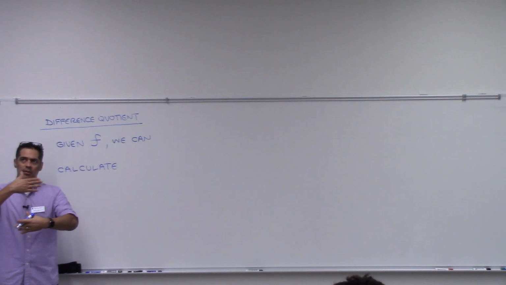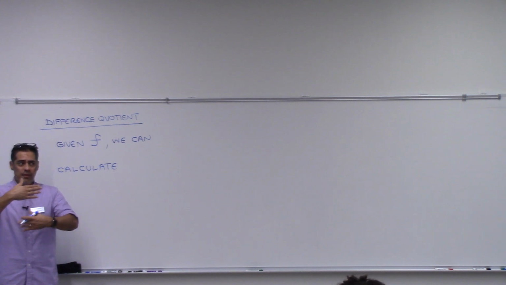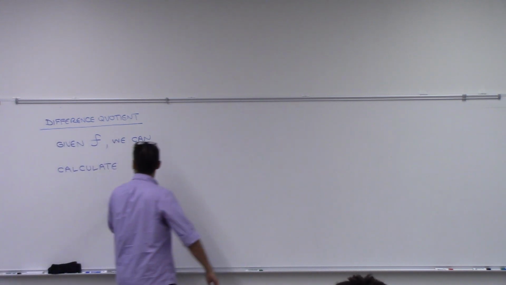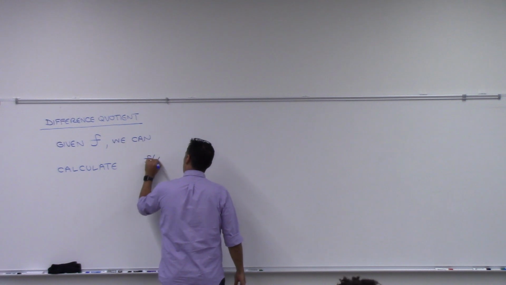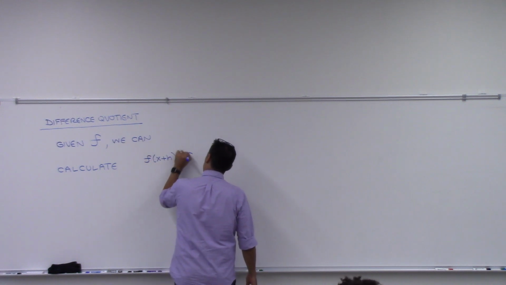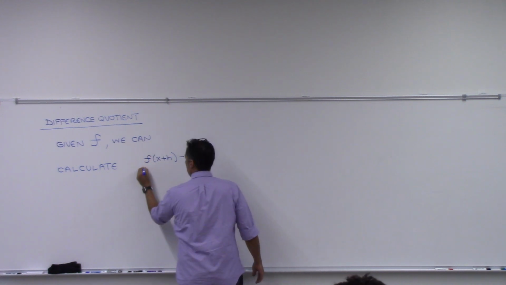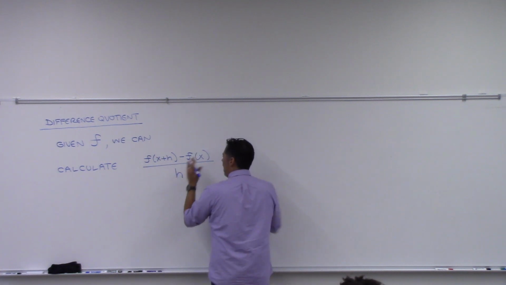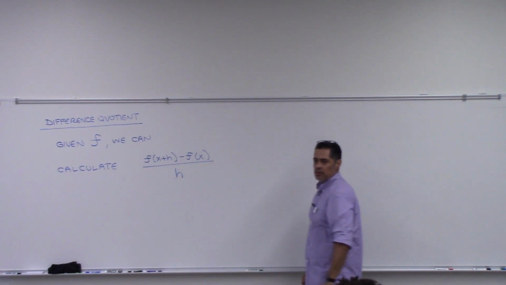Quotient should, in your mind, mean fraction. We can compute this fraction, and it's right there. We can calculate f of x plus h minus f of x, all over h. That is called the difference quotient.